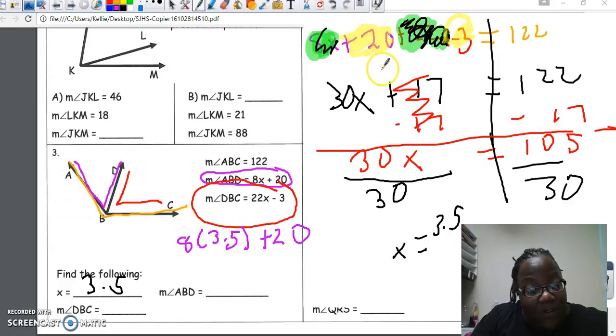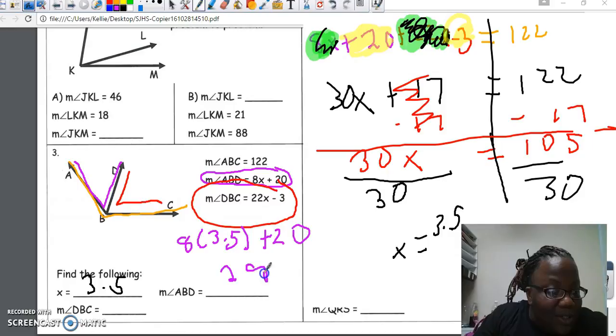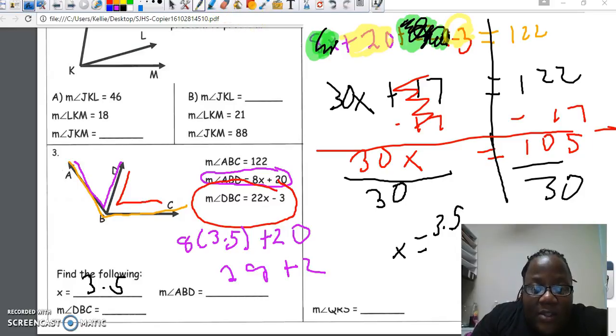So if 3.5 is correct, still not sure if it is, but you get the idea. Let me know if you come up with a different answer. 3.5 times 8, that's 28. So I have 28 plus 20, 48. So what this tells me is that this angle is 48.